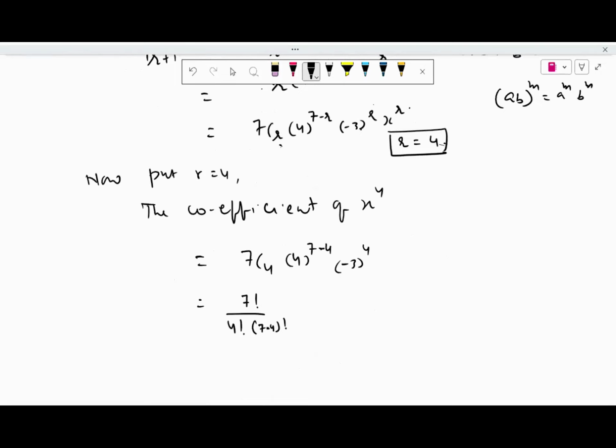Whenever we need to find the coefficient of any variable, we take the constant term associated with the variable. If we have to find the coefficient of x to the power 4, whatever constant term is associated with it will be the coefficient of x to the power 4.